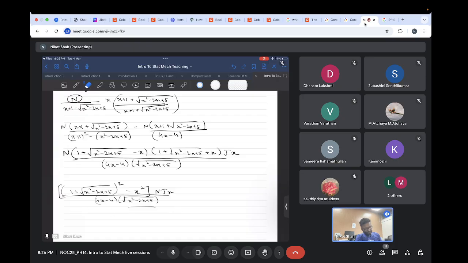Yeah, the solving is actually correct, there's no problem here. 1 plus x square minus 2x is 5 minus x square plus 2 square root of x square minus 2x plus 5, times n j x divided by 4x minus 4 square root of x square minus 2x plus 5.